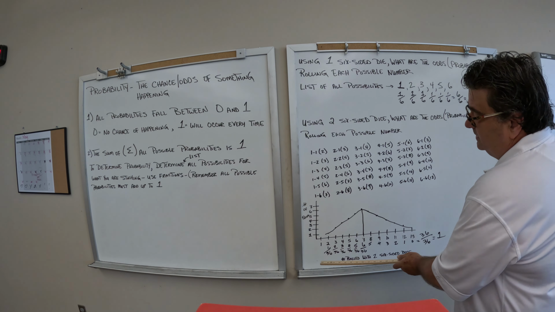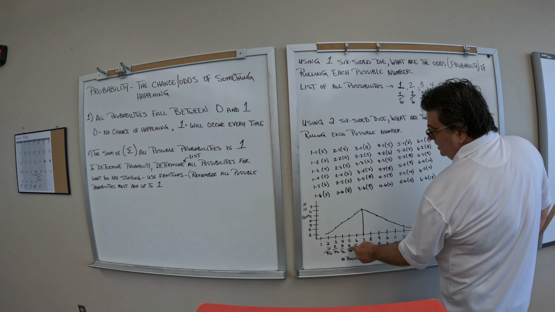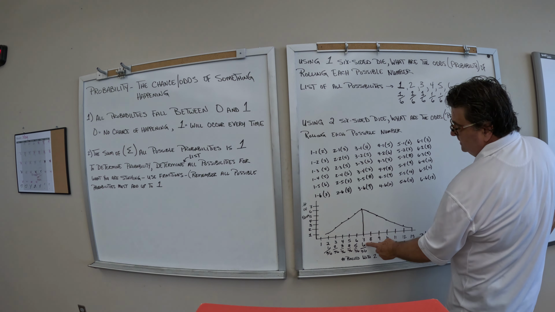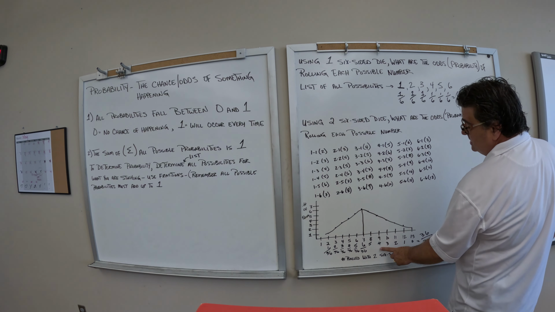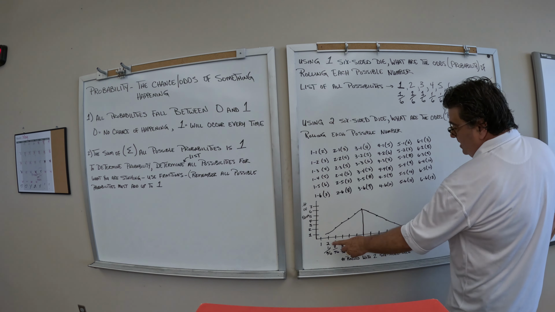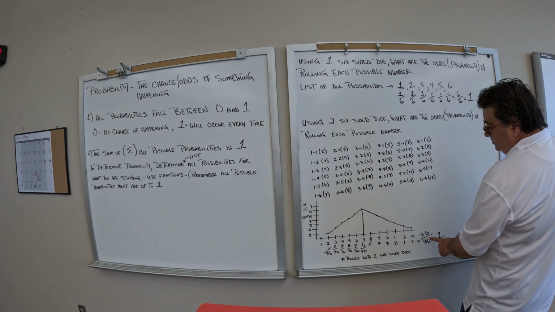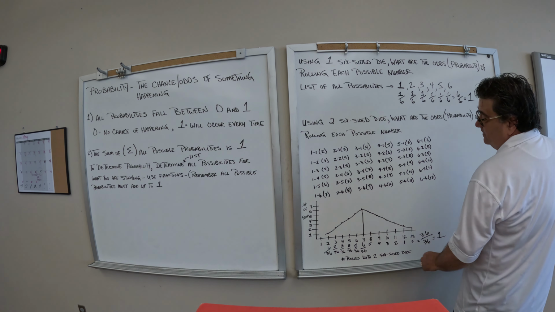So when I add all these up, notice at 2 it goes from 1 out of 36, and then 2, 3, 4, 5, 6 ways to get a 7. There's 5 ways to get an 8, 4 ways to get a 9, 3 10s, 2 11s, and 1 12. I add all those up, I get 36 out of 36, and that equals 1.